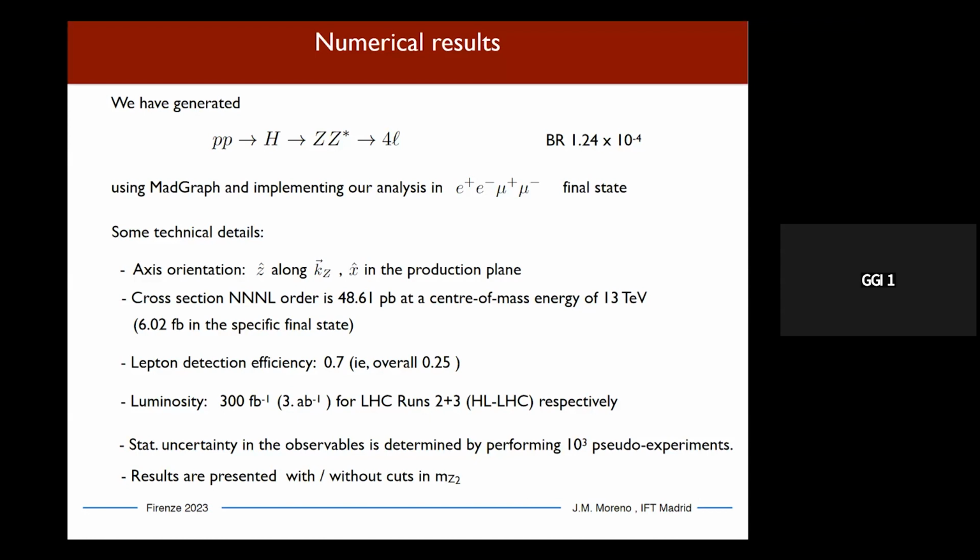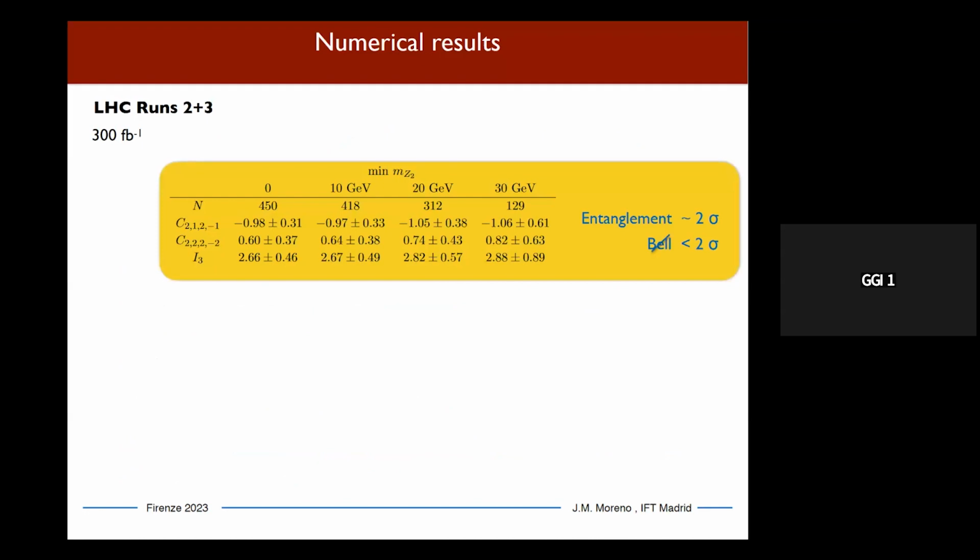And in order to evaluate the statistical uncertainties, we have done an ensemble of 1,000 pseudo-experiments, and I will present the results with and without cuts on the mass. For the case of run 2 and 3, this is the value that we get for the two coefficients.